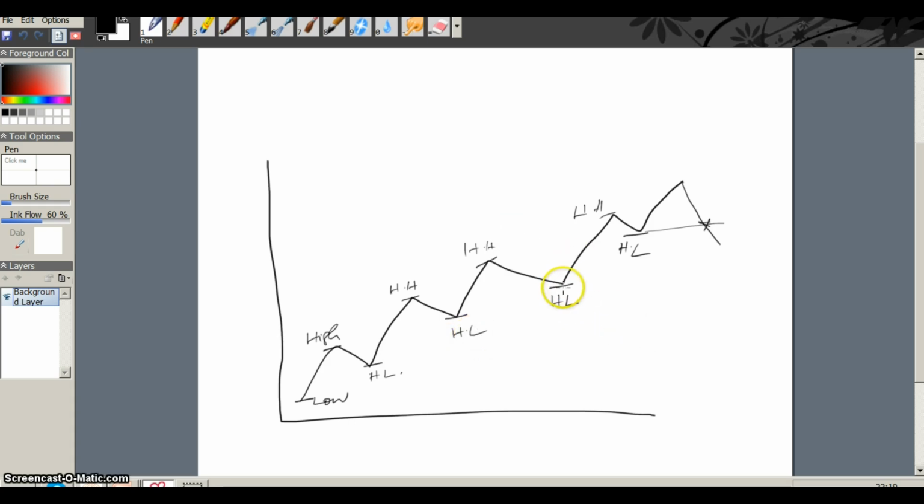I have to pick those points which kind of fall outside of the structure. So this is probably 1 point, and this is the other point. If I join those 2 points and extend it, the entire price action is above this line. If the other points don't touch it, no problem. As long as 2 points touch it and the entire price action is above it, it's fine. So it's a valid trend line.